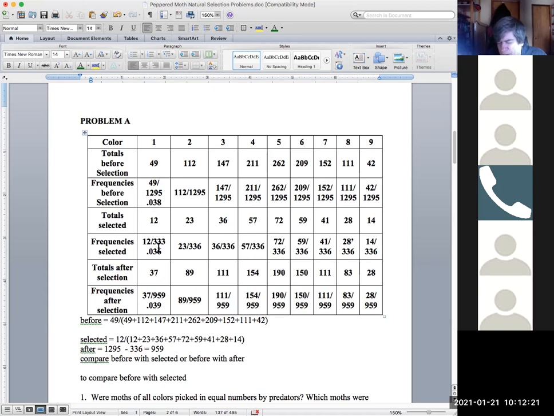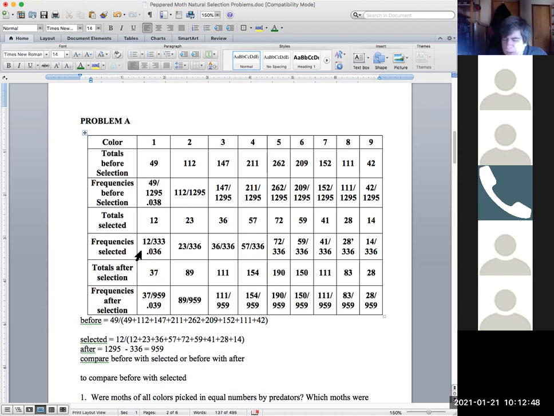So notice color number 1 must be slightly hidden, because what we would expect, suppose there's no advantage and the birds can see each color of moth equally, is that if there are 38 number 1s in every 1,000 in the population, there ought to be 38 number 1s that get eaten.